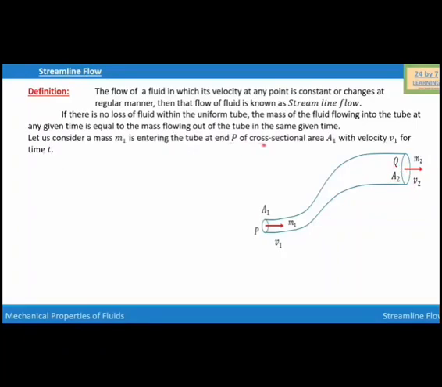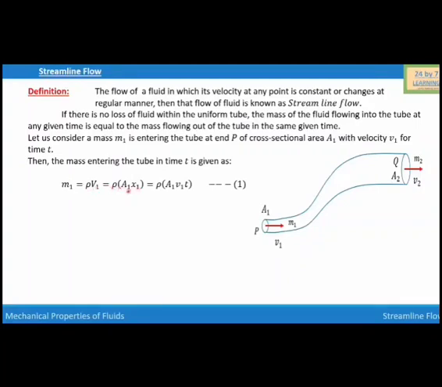As M1 enters the tube at P of cross-section area A1 with velocity V1 for time T, the mass entering the tube in time T is given as M1 = rho V1. Here rho is the density of the fluid and V1 is the volume of the liquid entering at the point P. A1 is the area of cross section.